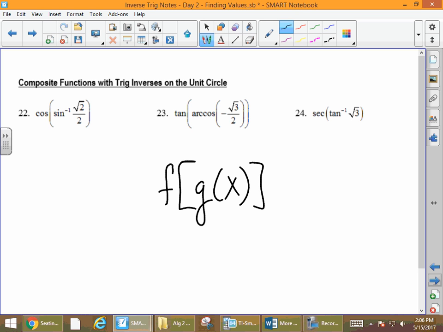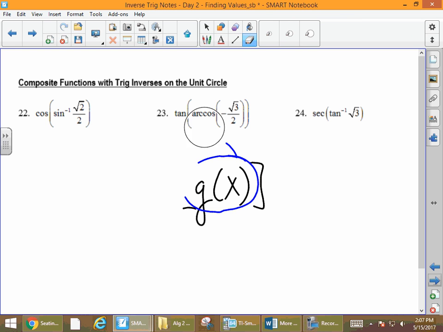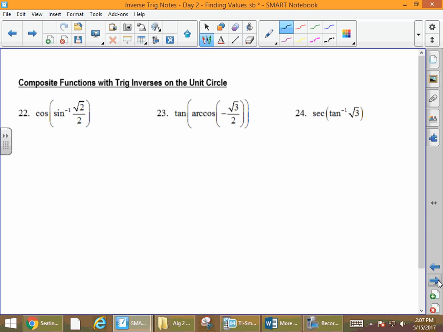So composite, more than one. And what we did is we figured out, well, what's the value inside the function? And we got an answer there, and then we took that answer and used it in the next function. So we're going to figure out what that inside value is, and then we're going to use it in the next value. So we're going to be going both directions when we calculate out these values.